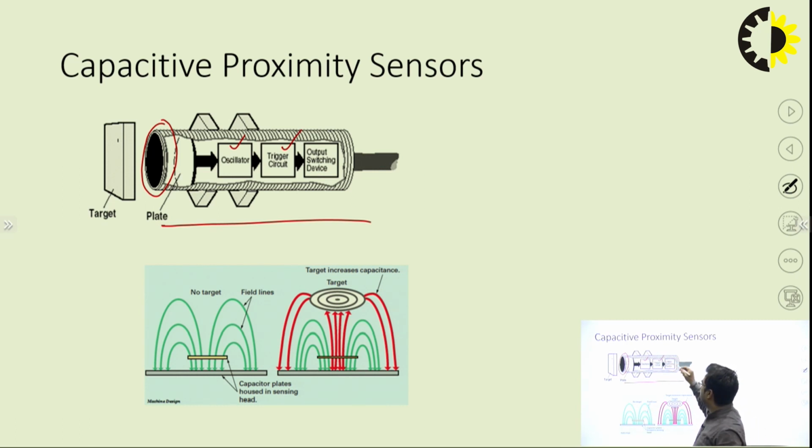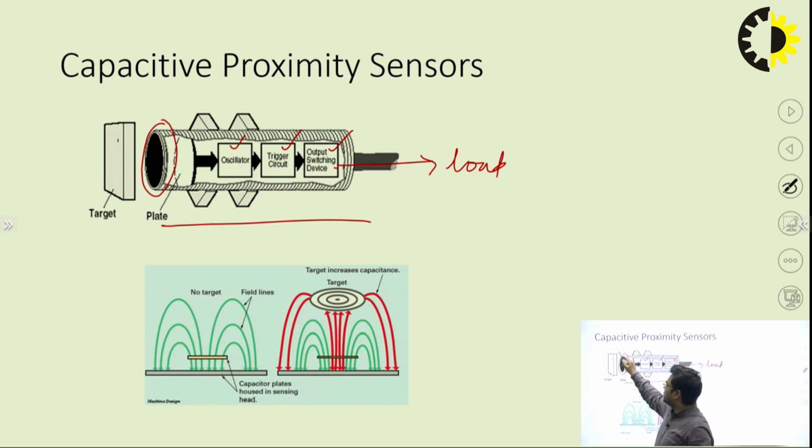The output switching signal, according to the trigger circuit, is given to the load. Let us suppose this is the target. If the target is far away, then no detection signal will be given, the sensor will be off, and there is no role of the triggering circuit.